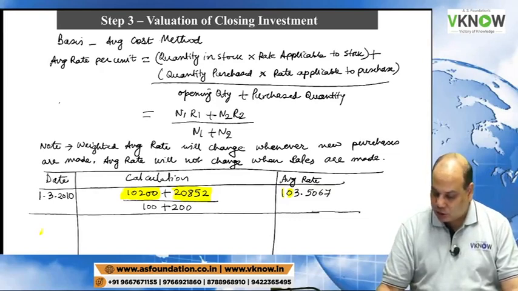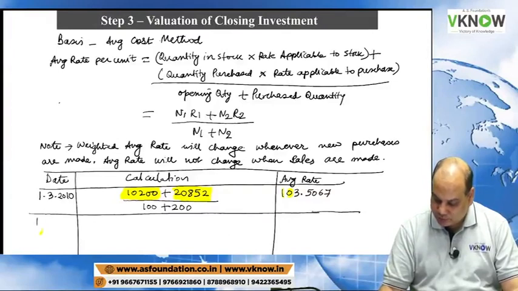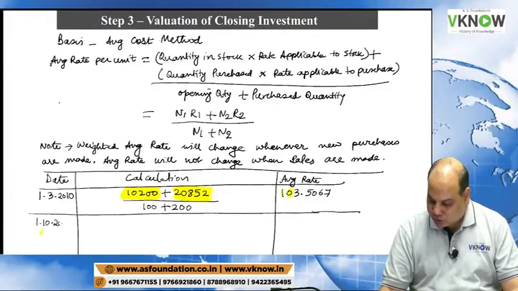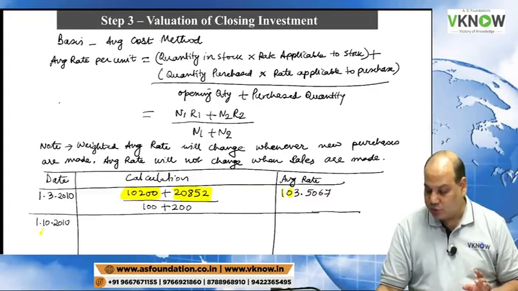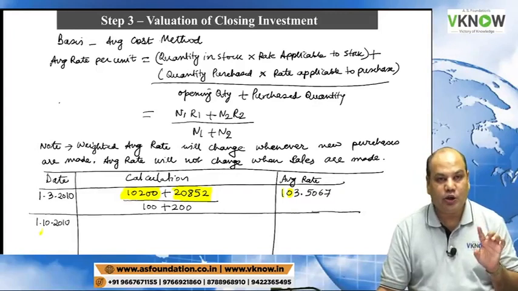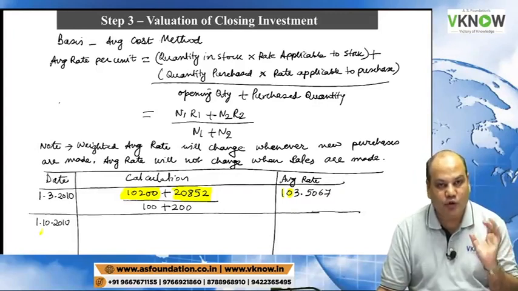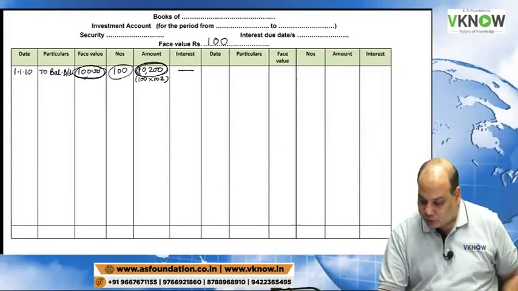Then another lot was purchased on 1st October 2010. How many units do we have in stock before the purchase? Please follow my instruction. We have an opening stock of 100 units.